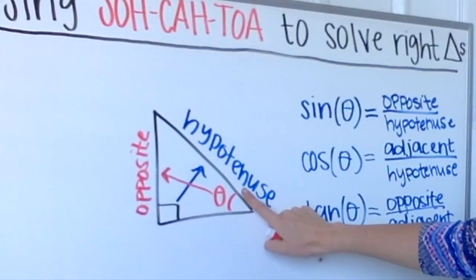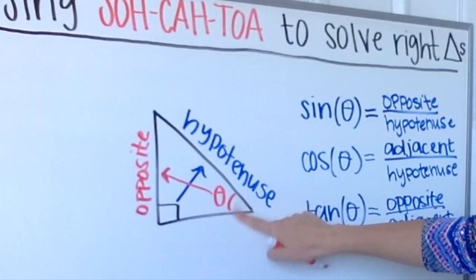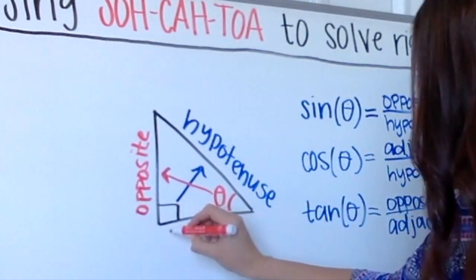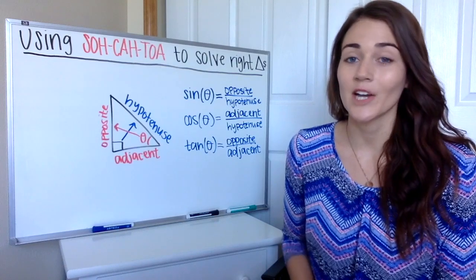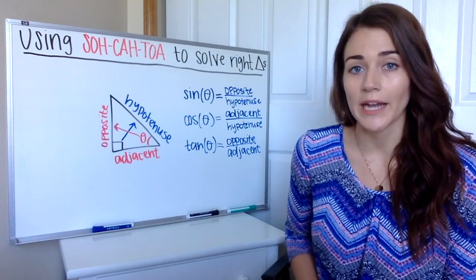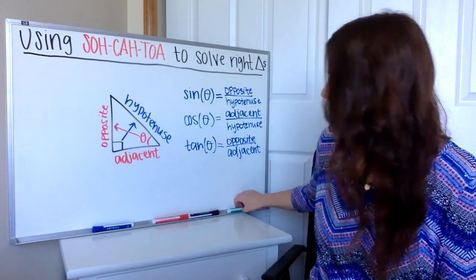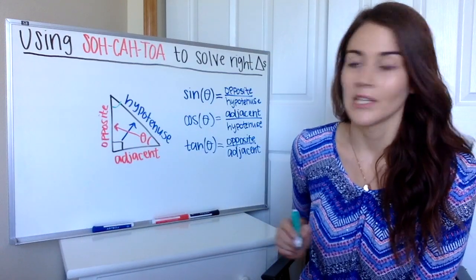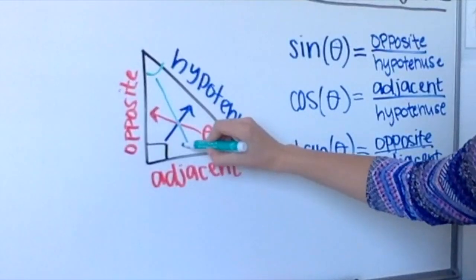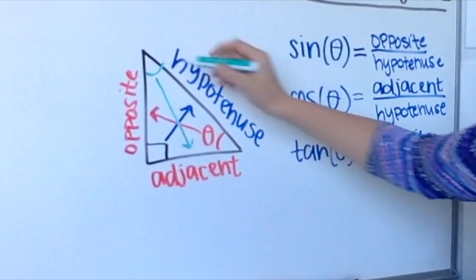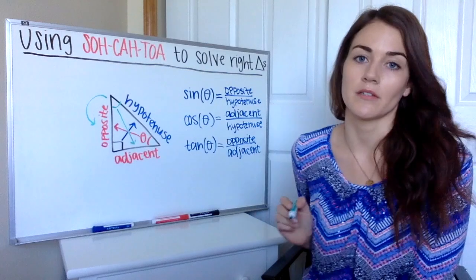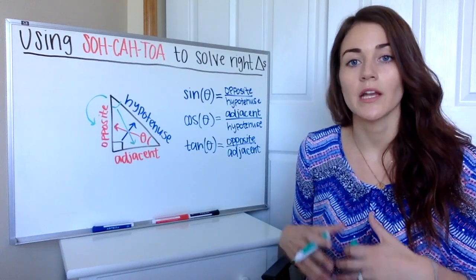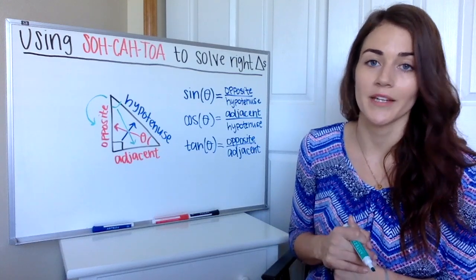Notice there's two sides next to the angle I'm looking at. One of them is your hypotenuse, the one across from the right angle. Your other one is your adjacent. But it depends on which angle you're looking at, because if I were to instead look at this angle, that changes everything. Now this side would be my opposite, and this side would be my adjacent. So depending on which angle you're looking at determines your opposite and adjacent, and your hypotenuse is always across from that 90-degree angle.